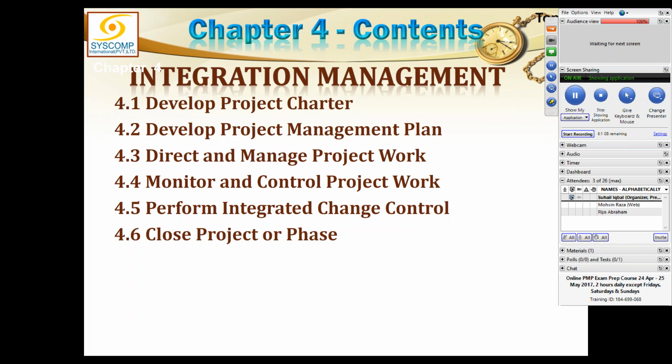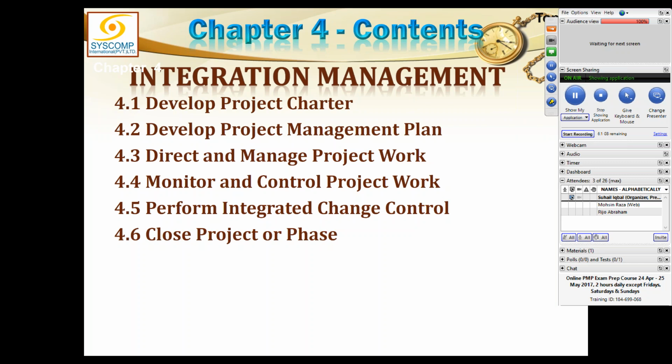The direct and manage project work process gets the approved change request, and once this change request has been approved, the corresponding project management plan and project documents are amended accordingly, so that the people sitting in direct and manage project work in execution can now follow the updated latest project management plan from now onwards.